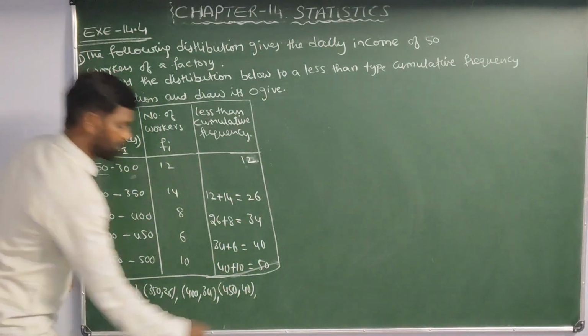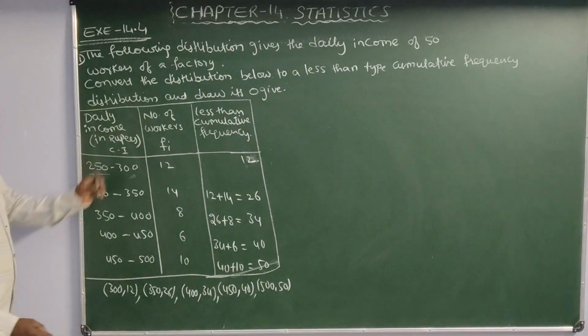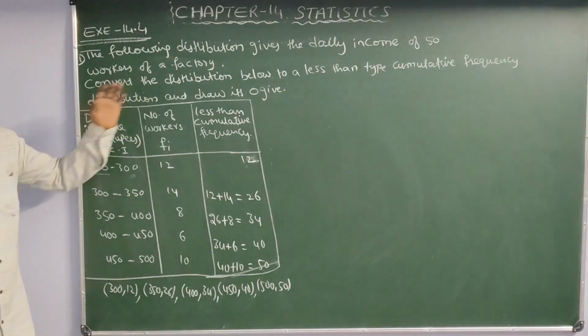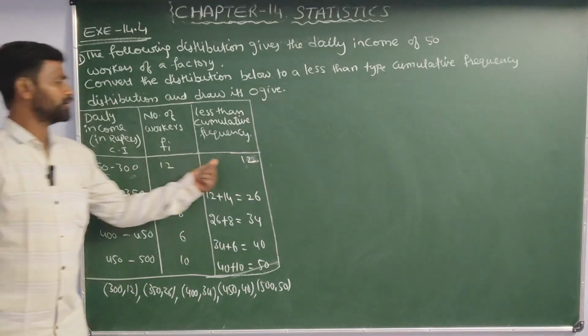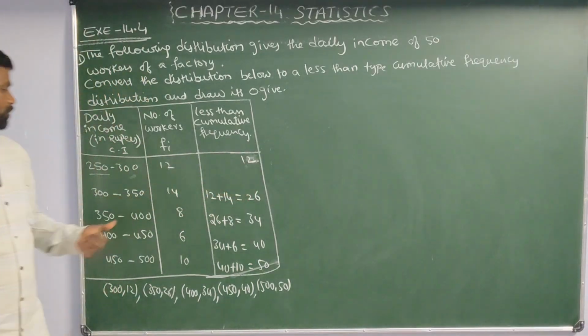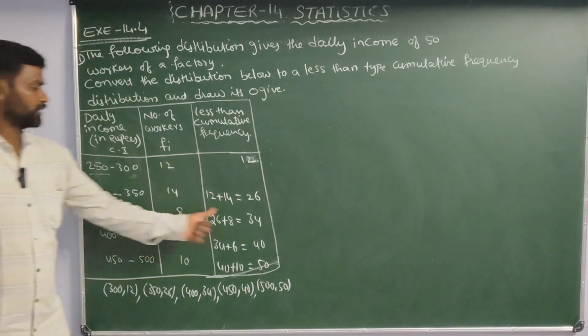Next 500 comma 50. Are you getting what I'm saying? So for less than cumulative frequency, we have to write ordered pairs of the upper boundary and the less than cumulative frequency.